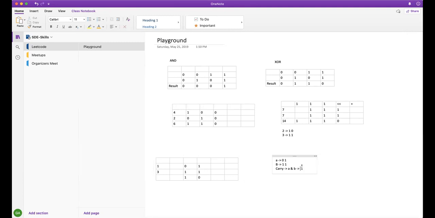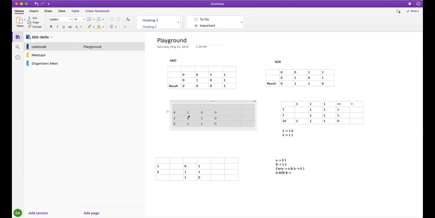The carry is 0 0 1. Now after we got the carry, what if we do the XOR of A and B? What will we get? 0 1 0. Looking at this table, if the bits are different, it will simply merge those bits.